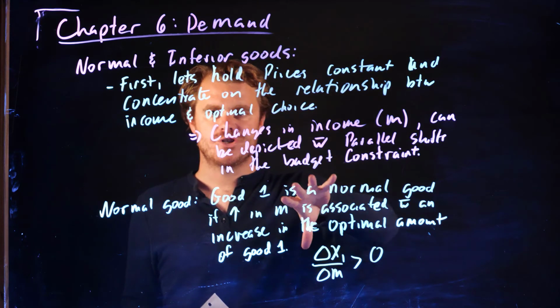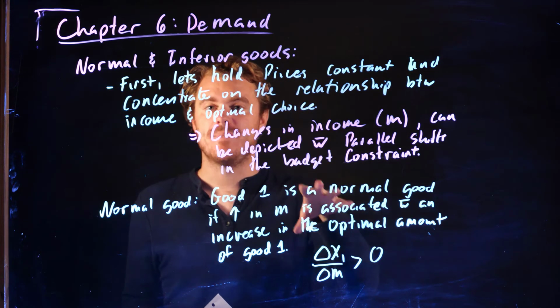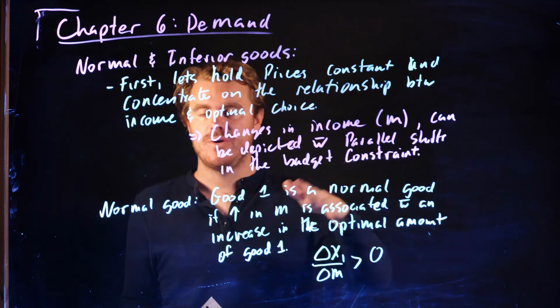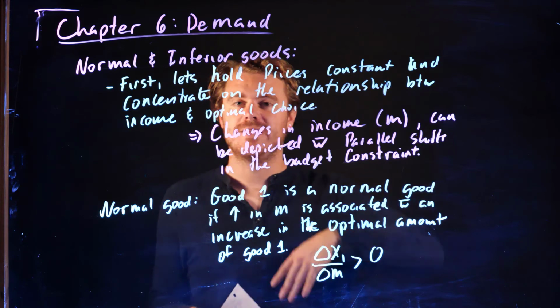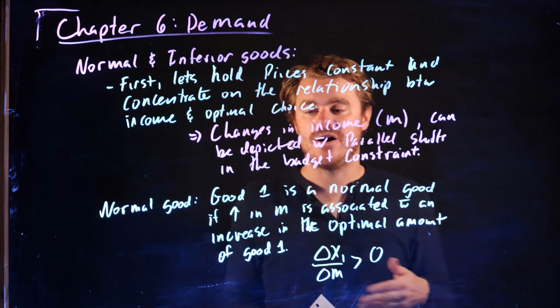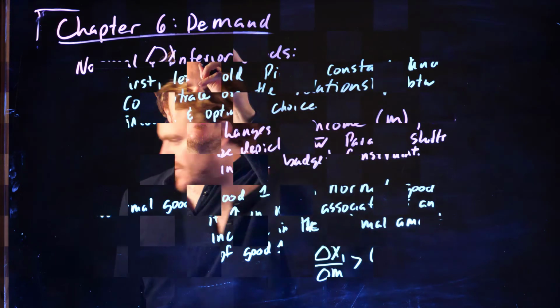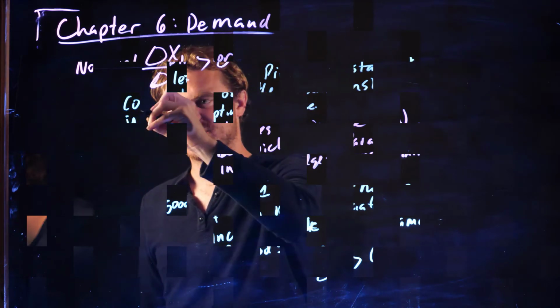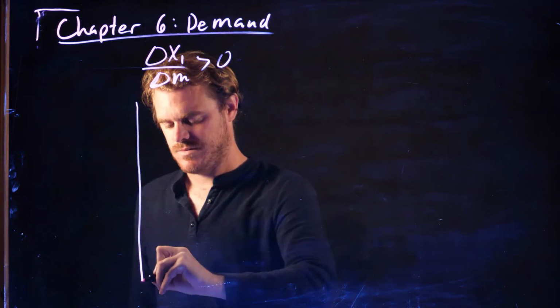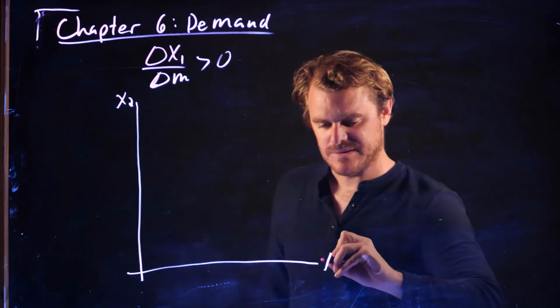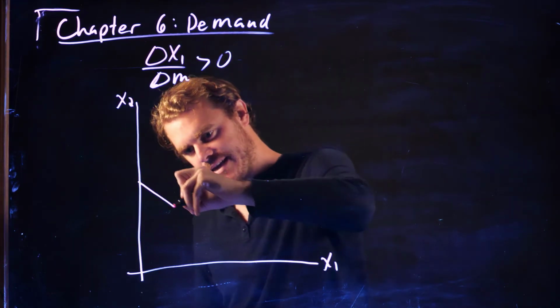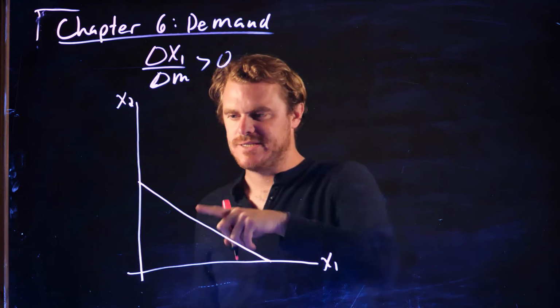Let's depict what that might look like in one of our graphs of the optimal choice. We'll have a shift in income and talk about whether the optimal amount goes up or down, and in this case the change in income is greater than 0. Let's say this is the original budget constraint in purple.